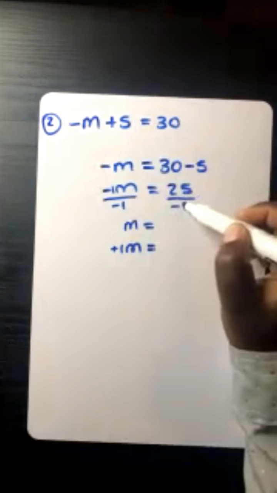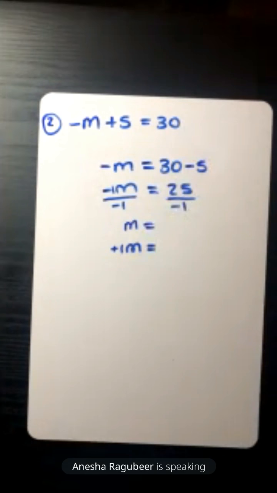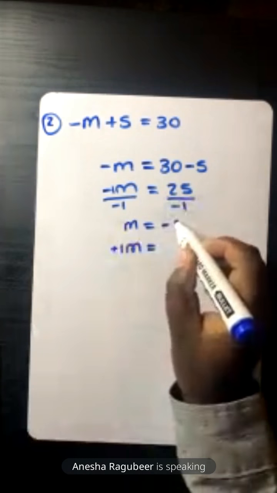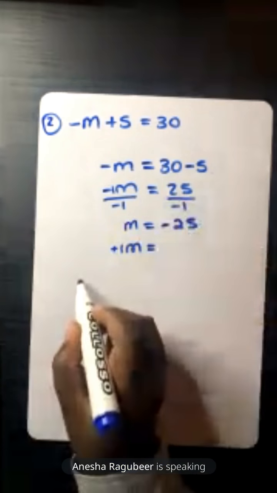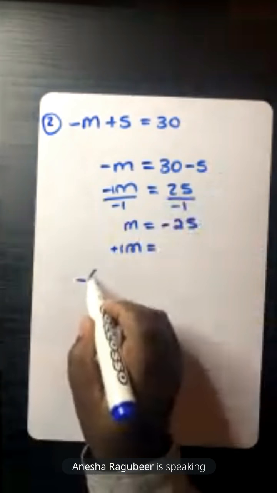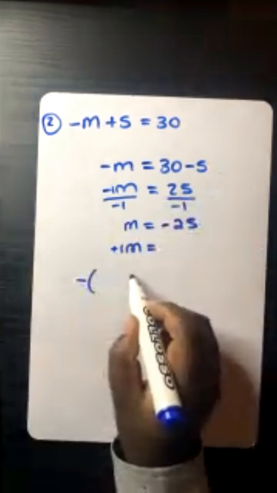So now, what is 25 divided by -1? -25. So now let's prove that answer.